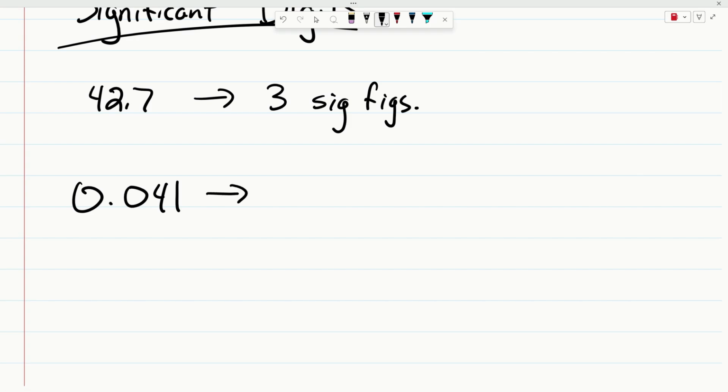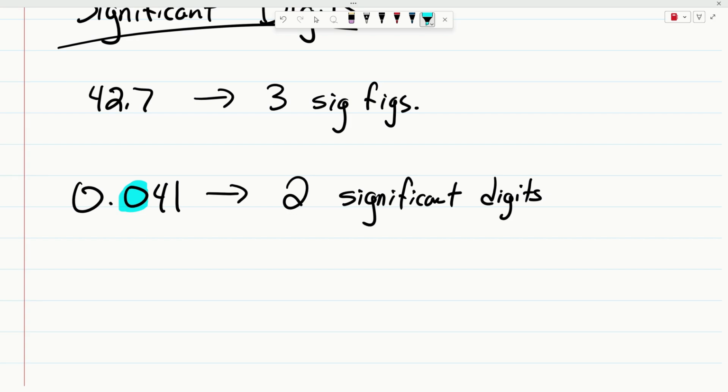Okay? Now, the next number, 0.041. It has 2 significant digits. And I'm going to write this out because this is important. All right? Now, the reason why we have 2 significant digits here is because technically that 0 is not needed at all.